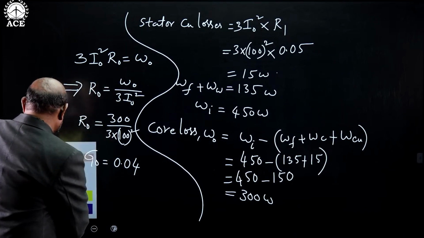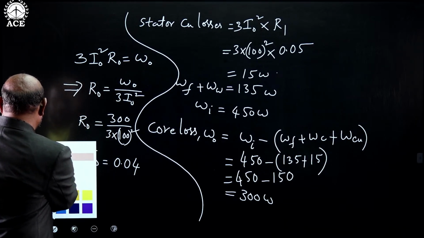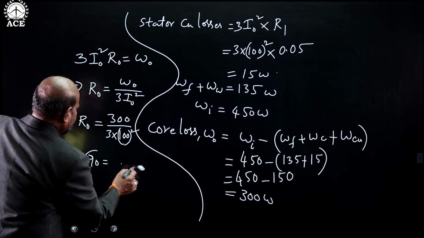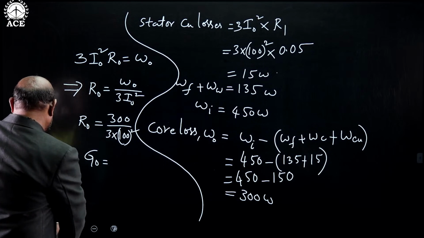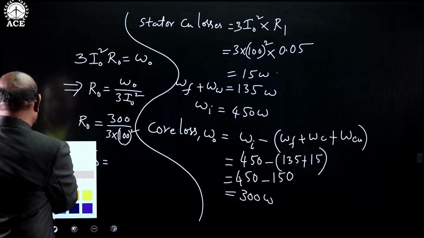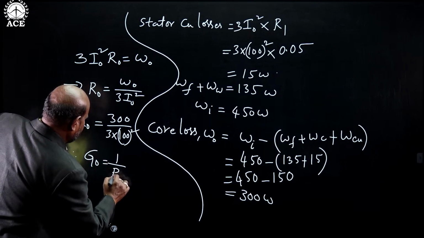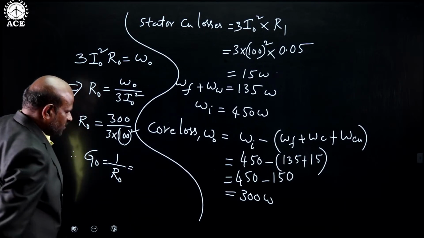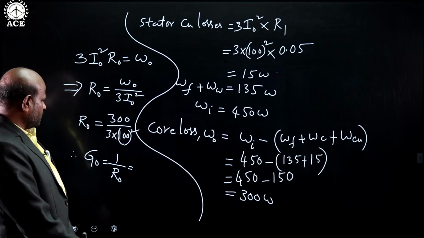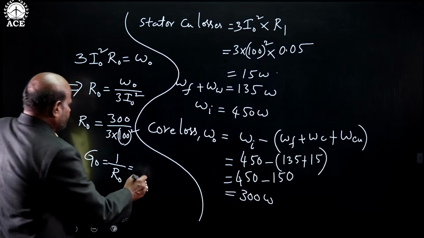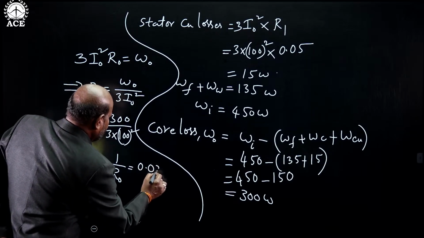Sorry, R naught will be 0.04, but we want only G naught. G naught is reciprocal of R naught, which is nothing but reciprocal of this value, 0.025.